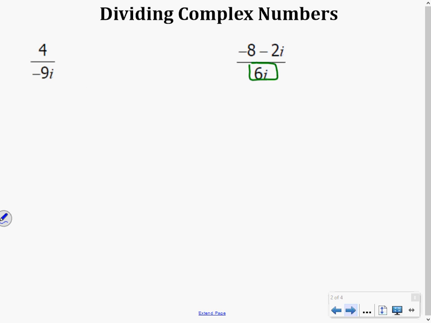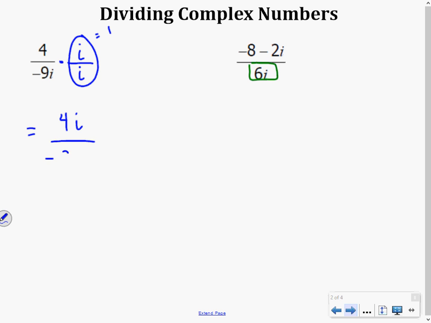So here's my strategy. I need to multiply my denominator by i. But if I'm going to do that, I need to also multiply my numerator by i, because this right here is just equal to 1. We know multiplying something by 1 doesn't change its value, even though we're changing the structure here. So if I multiply by i over i, I get an imaginary number now in my numerator.